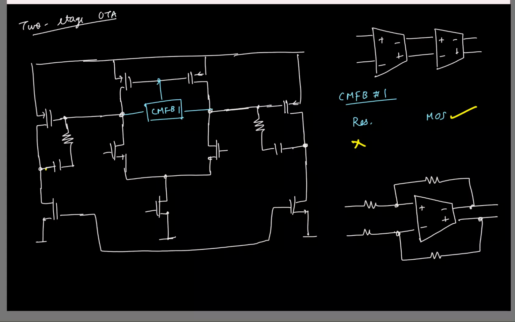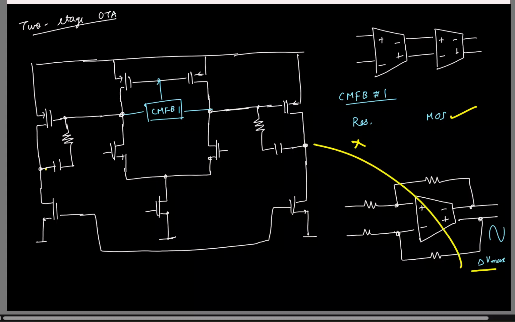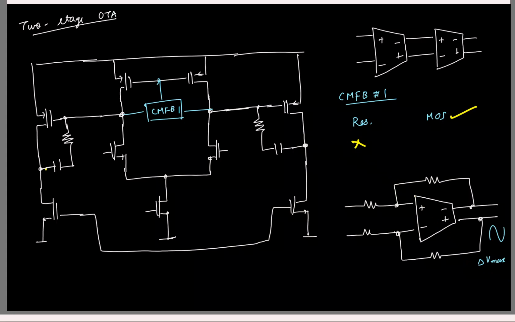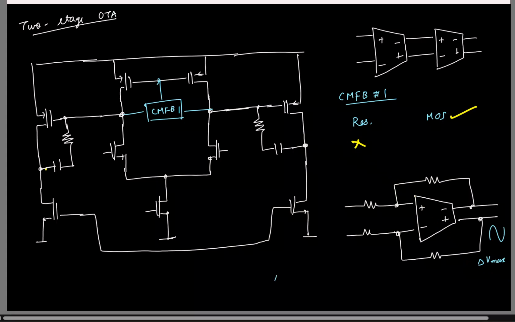Now let us say my output here is swinging to some, say, delta V max. So this is basically the output of the second stage, right? The final output.